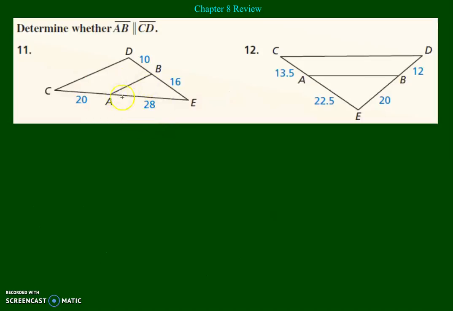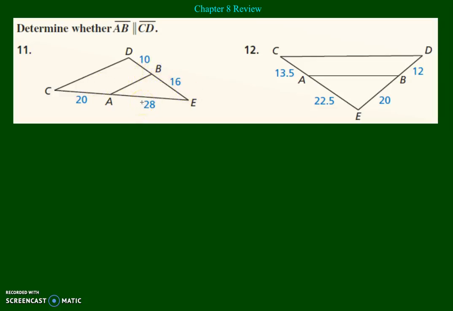In these problems, we're asked to determine whether segment AB is parallel to CD. This is going to be using a variant of the triangle proportionality theorem. The triangle proportionality theorem states that if a line is parallel to a side of a triangle and intersects the other two sides, then it divides those sides proportionately.